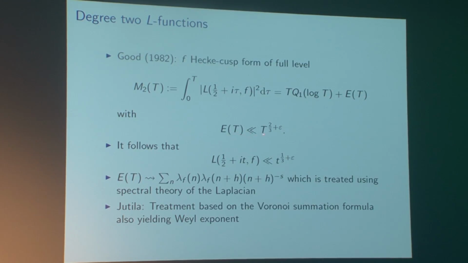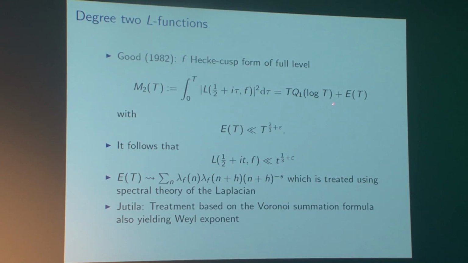And he gave the bound that E(T) is bounded by T to the power 2/3 plus epsilon. And using the same procedure, it now follows that the L-value is bounded by T to the power 1/3 plus epsilon. Okay. So this is the analog of the Weyl bound, because this is degree 2. The trivial bound is 1/2, and you're getting 2/3 of 1/2. So that's the Weyl exponent.